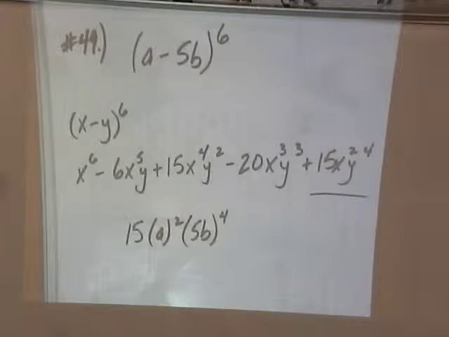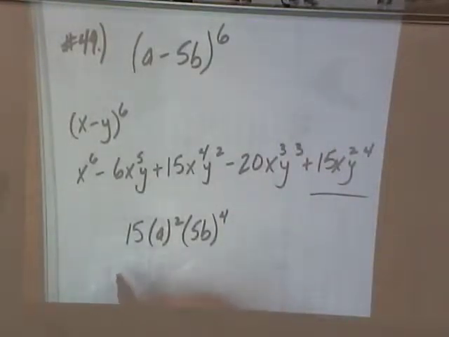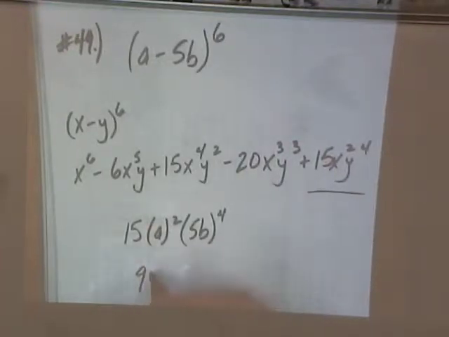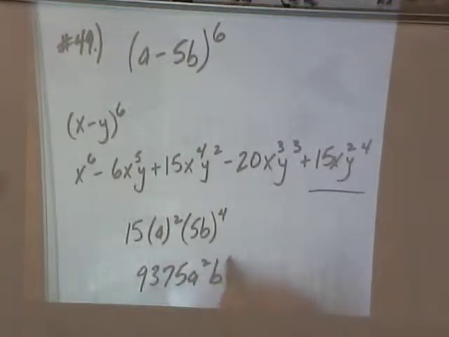Okay, so fortunately this is the calculator portion. Does anybody know what 5 to the 4th power is? 625. 25 times 15? 9,375. 9,375 a squared b to the 4th.